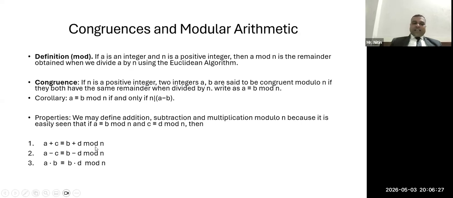For subtraction: a - c ≡ b - d mod n. The third property is for multiplication: a × c ≡ b × d mod n. So guys, these are the three properties of congruence, which are for addition, subtraction, and multiplication.